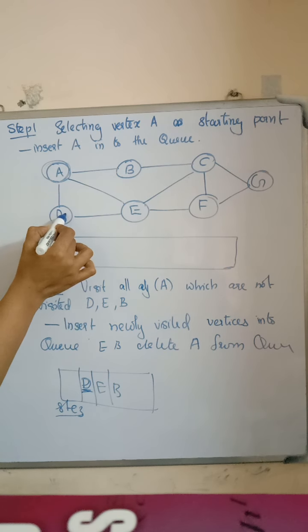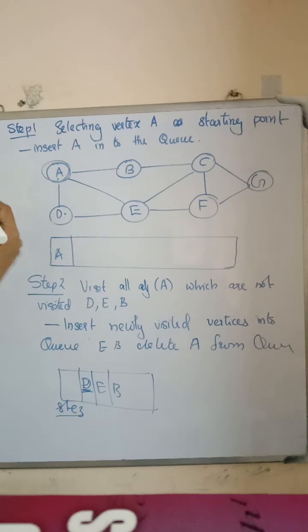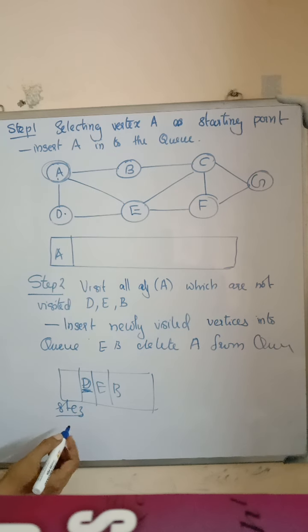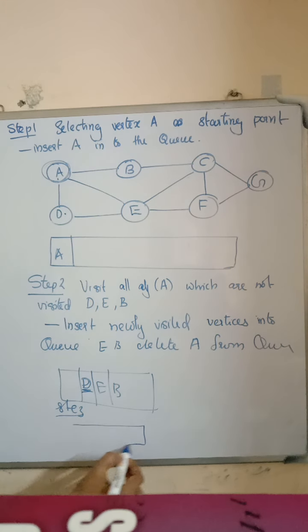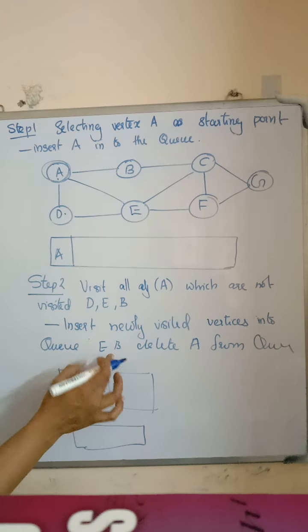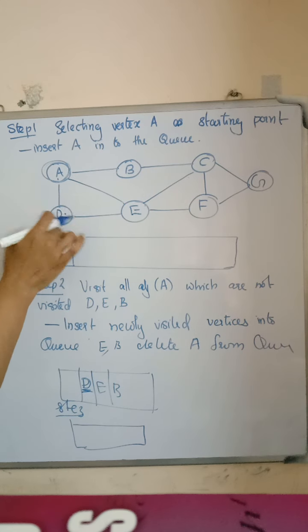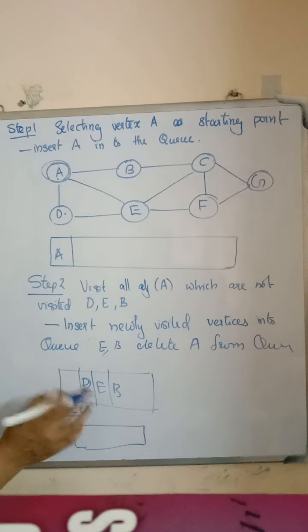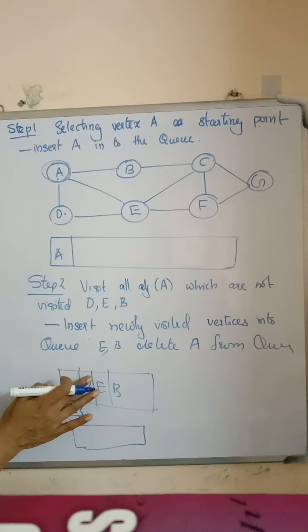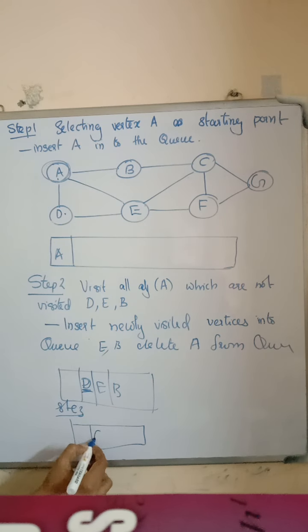The adjacent vertices of D are E and A. A is already visited, and E is already visited, so there is no newly visited vertex. So the only thing we can do in step 3 is delete D from the queue. The queue now is E and B only.